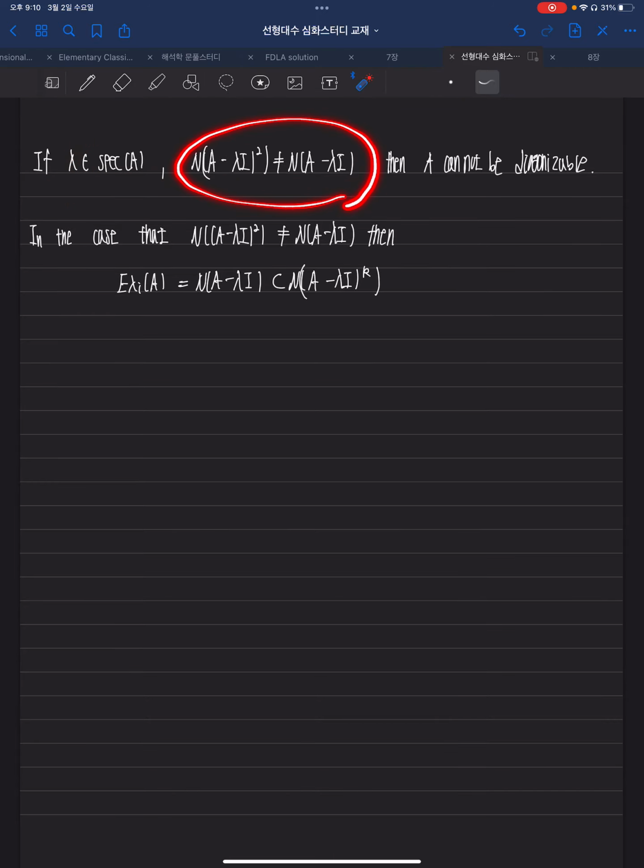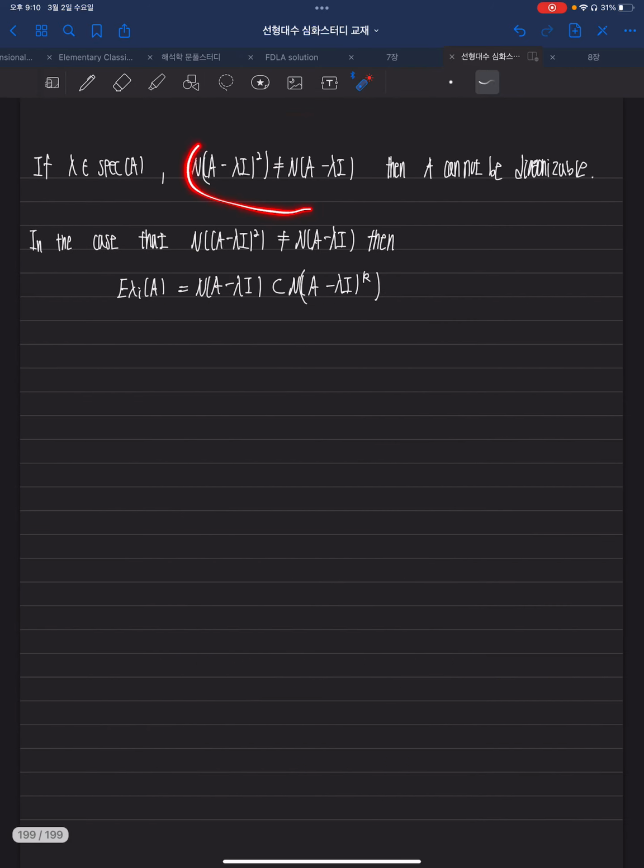This means the intersection of the column space of A minus lambda I and the null space of A minus lambda I is not a trivial space.